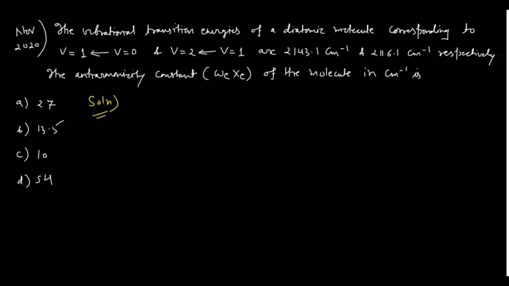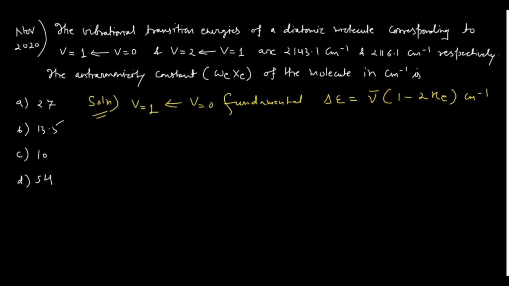So whenever the transition is here, v equals 1 and v equals 0, this is your fundamental transition. And for the fundamental transition, you know the energy is given by delta E equals nu bar 1 minus 2 xe in centimeter inverse.